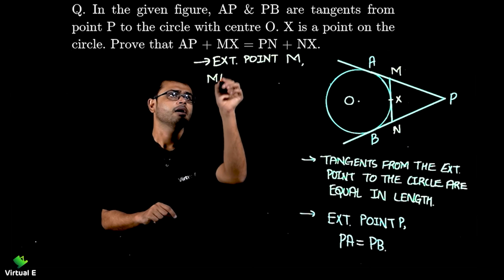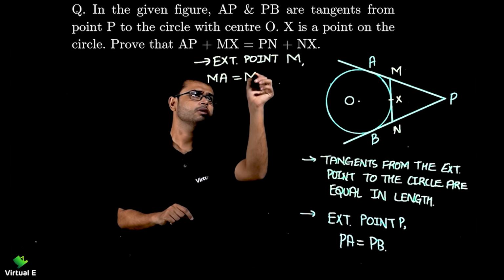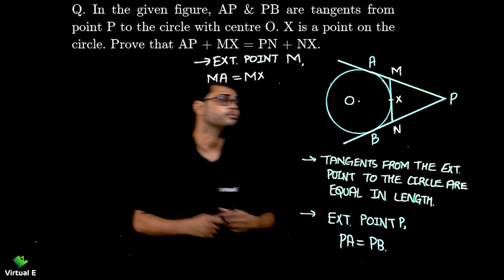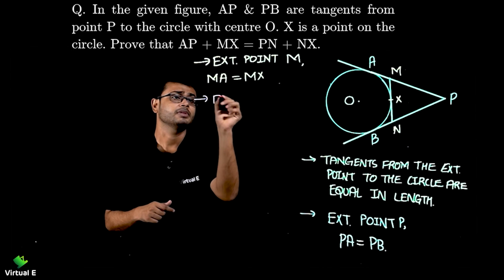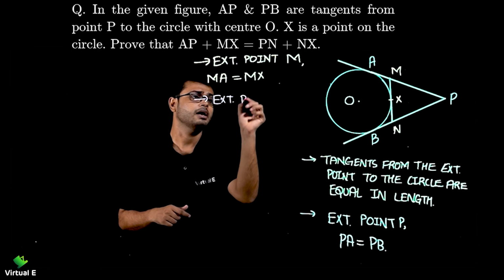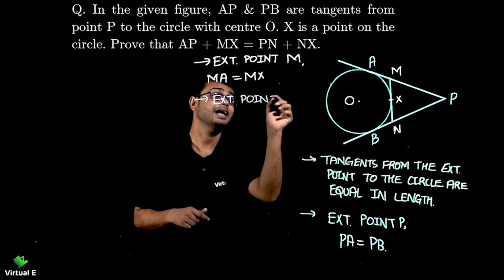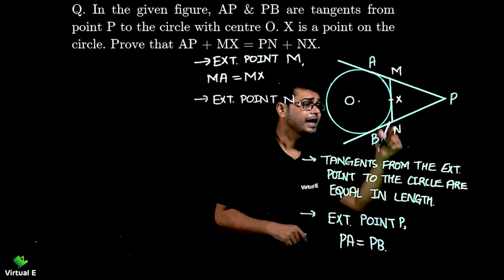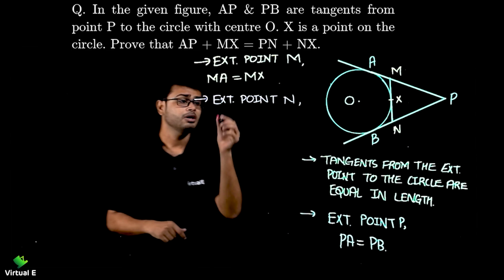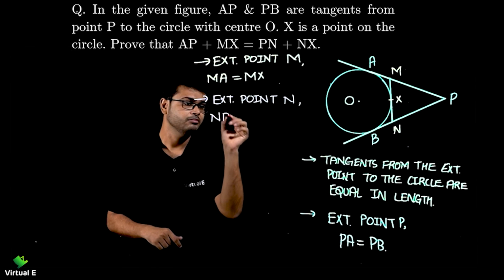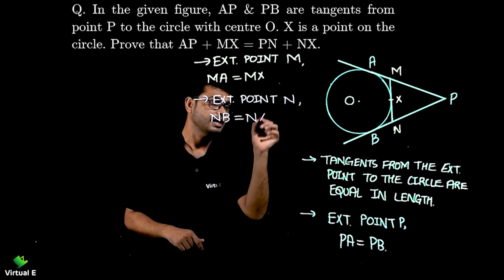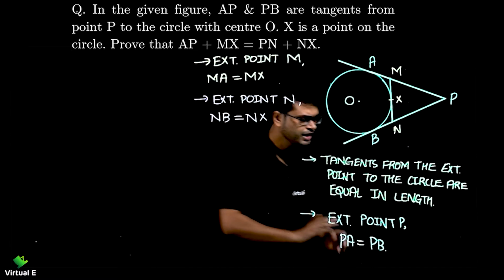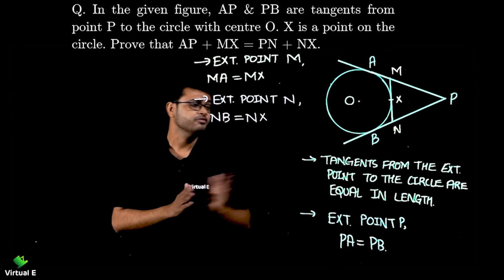Now let's write for the third external point, which is point N, not M, M is already done. For N, NX is equal to NB, or let's write here that NB is equal to NX. Now what to do? We have written all the possible relations from the theorem.